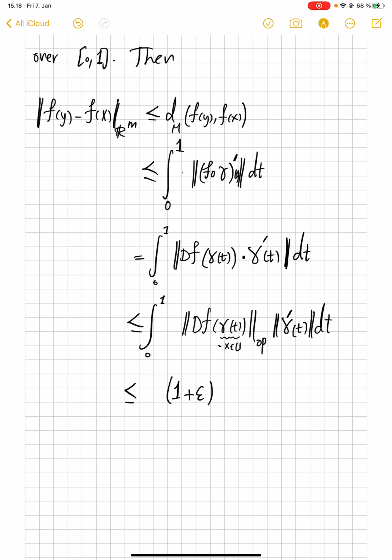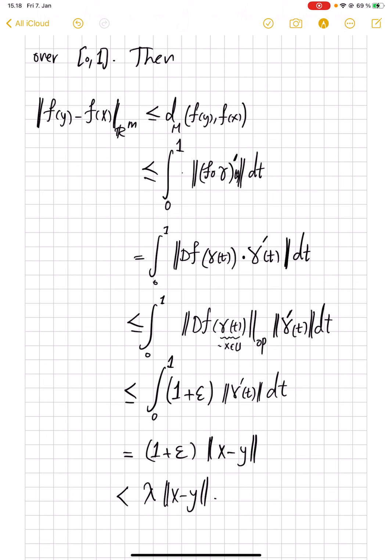So by being close to the df at 0, we have this estimate, times the integral of the norm of gamma prime of t dt, and that gives you 1 plus epsilon. Gamma joins x to y, so the integral of gamma prime is just the length of that line. And that is nothing other than |x minus y|. And this is less than lambda times |x minus y|.